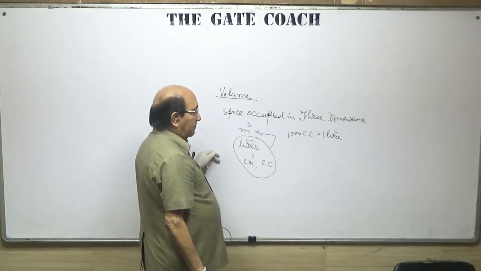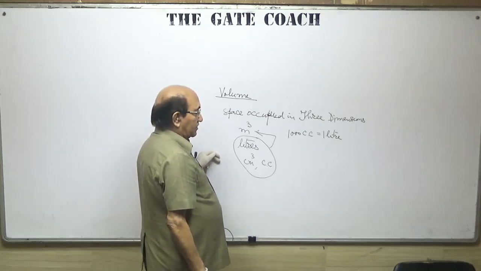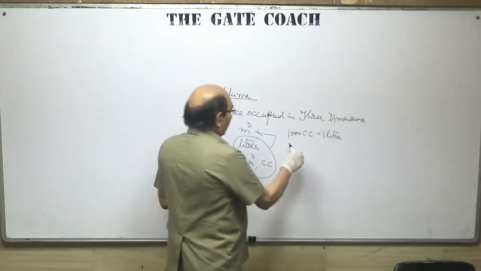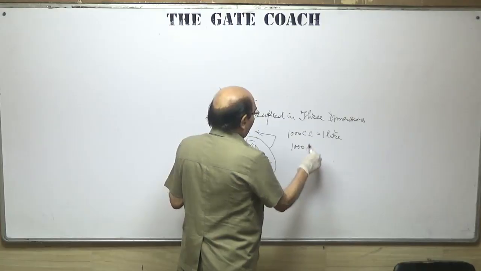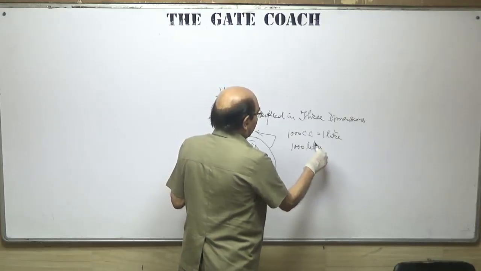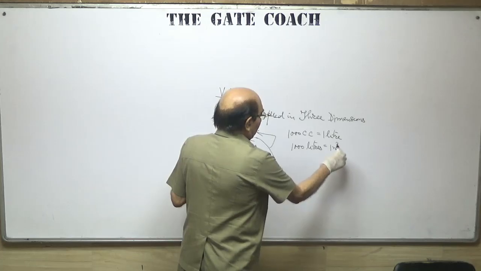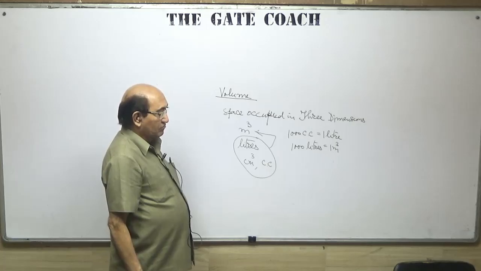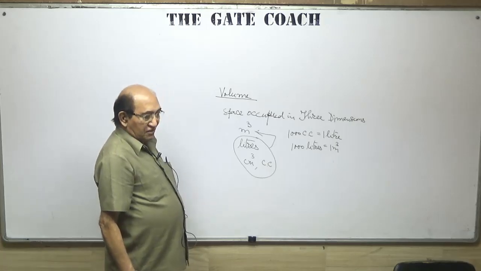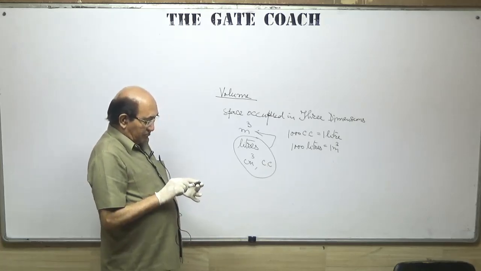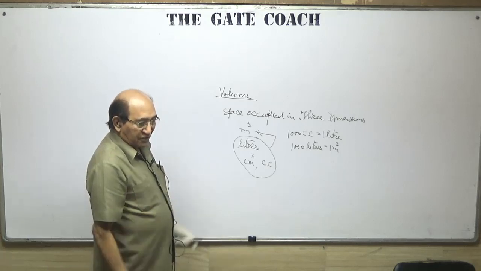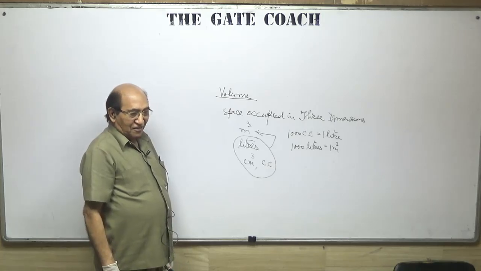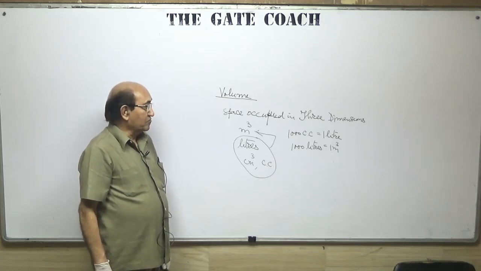You take milk of 1000 cc, that means it is 1 liter. And 1000 liters shall mean 1 cubic meter. No doubt these things are quite simple, but we are trying to revise the subject, and hence everything which comes into the picture must have been revised.